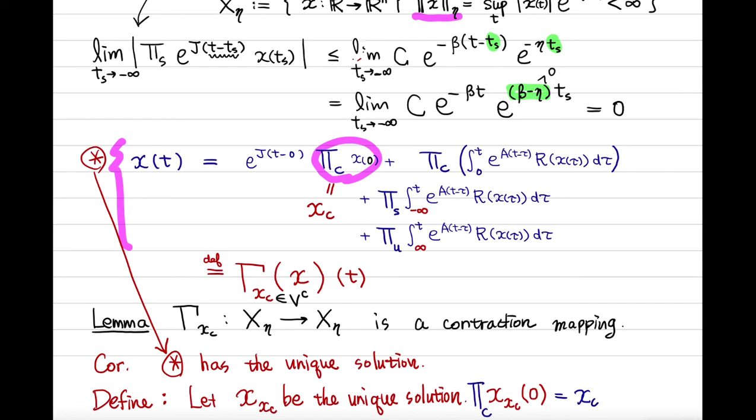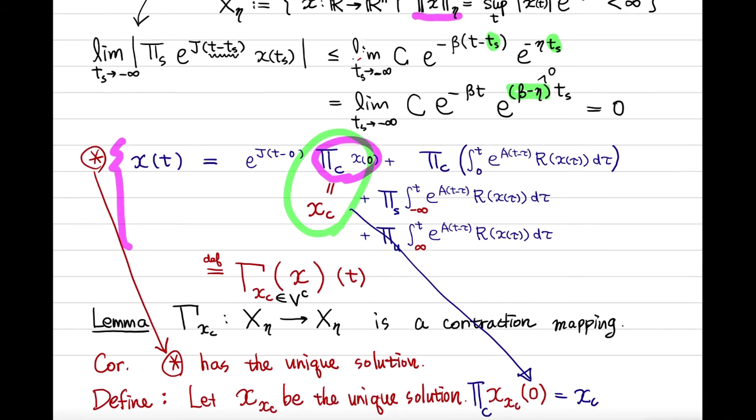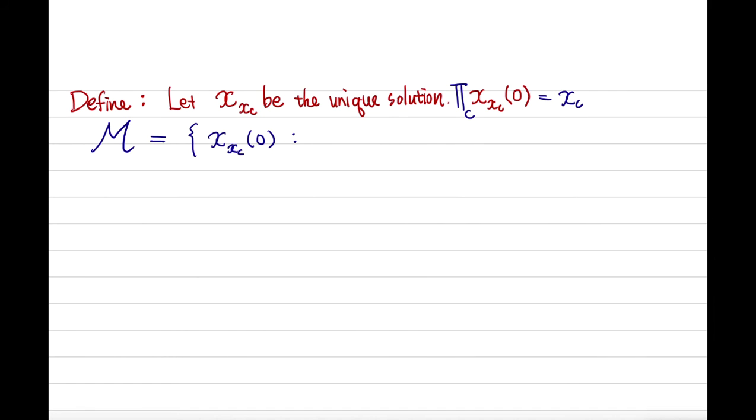Why? Because of this fact. So that leads to this, and the center manifold is defined exactly by these points, where xc can be any point in Vc.